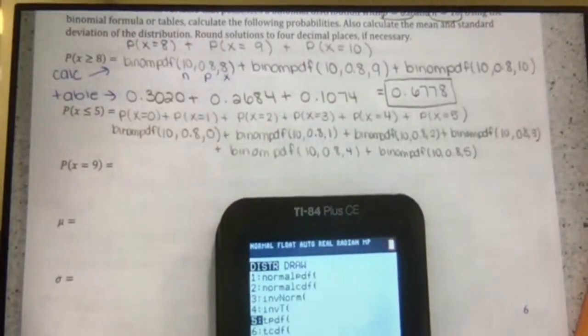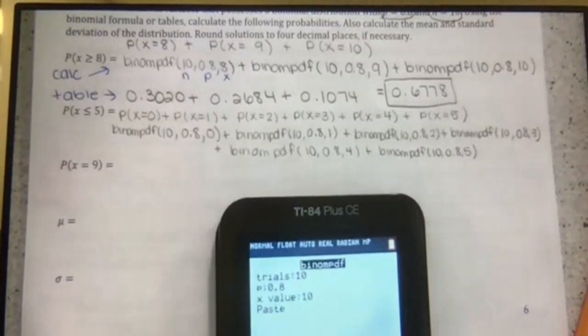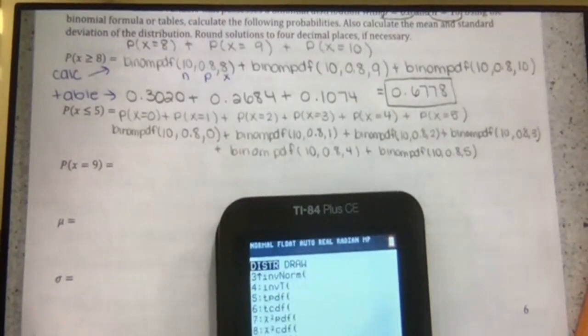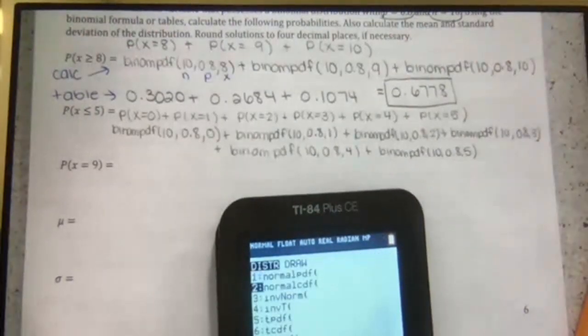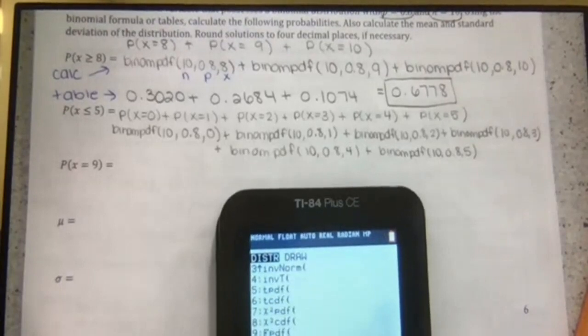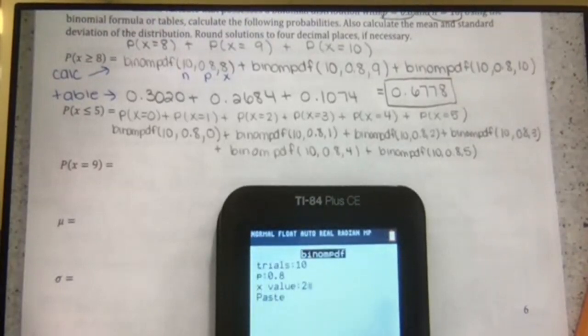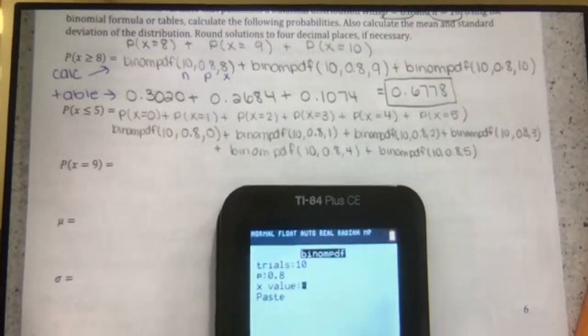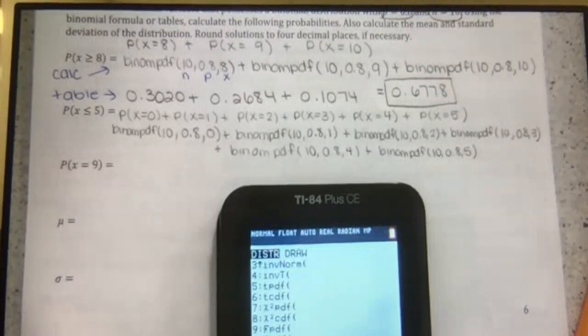So second vars, binom PDF, 10, 0.8, this time my x is 0, plus second vars, binom PDF when x is 1, plus second vars, binom PDF when x is 2, plus second vars, binom PDF when x is 3, plus second vars, binom PDF when x is 4.